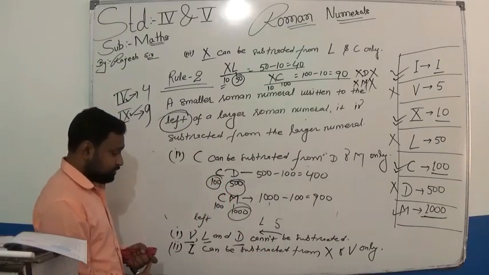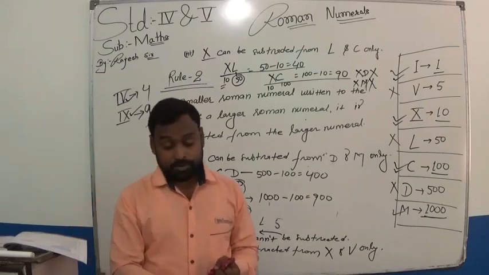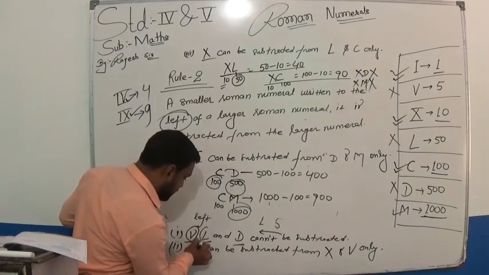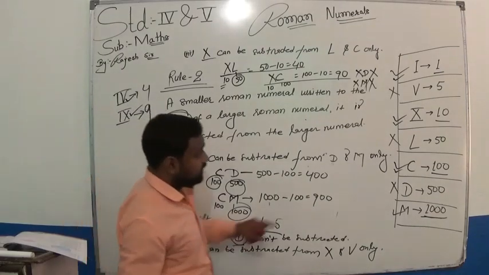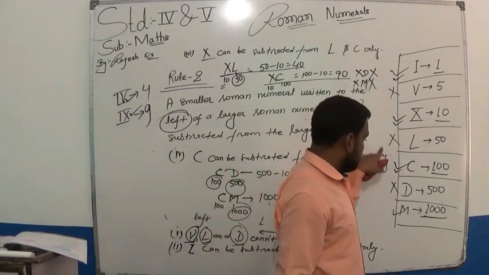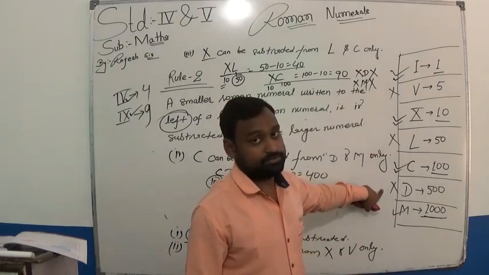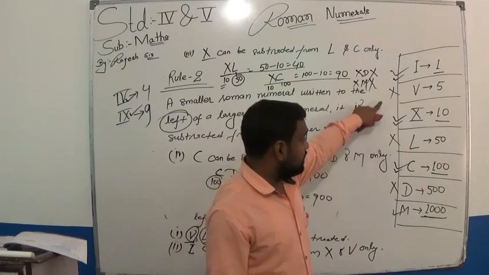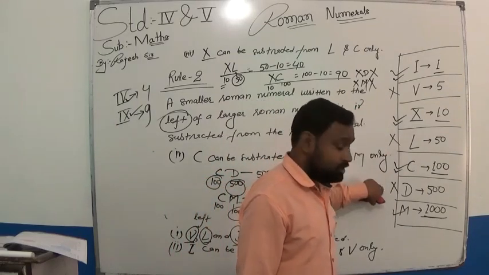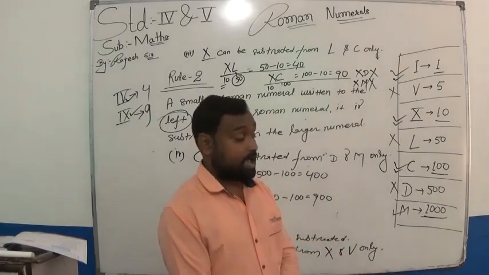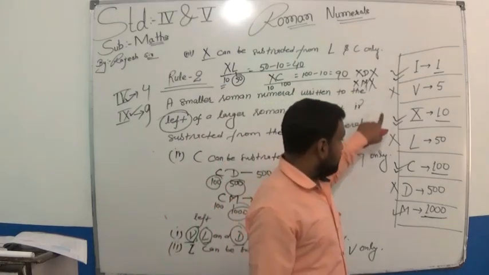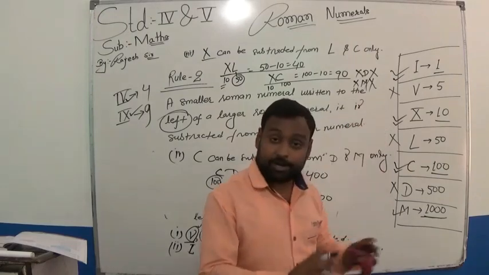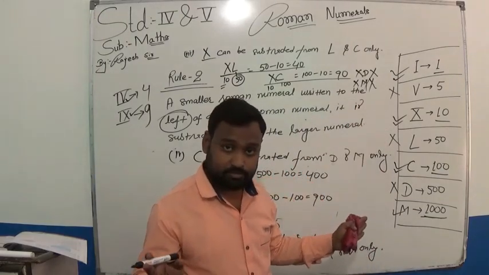We can't write V, L and D to the left. Keep in mind, V, L and D can't be written to the left. And one more thing, V, L and D can't be repeated.